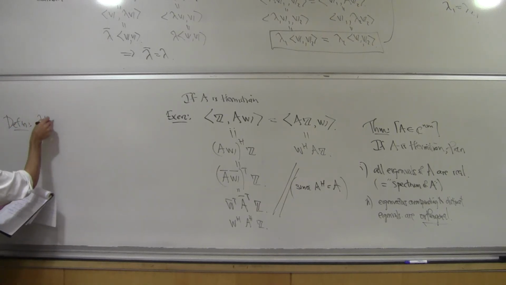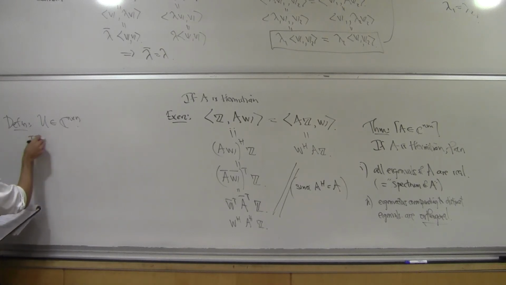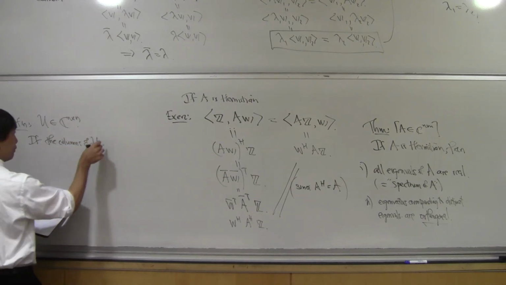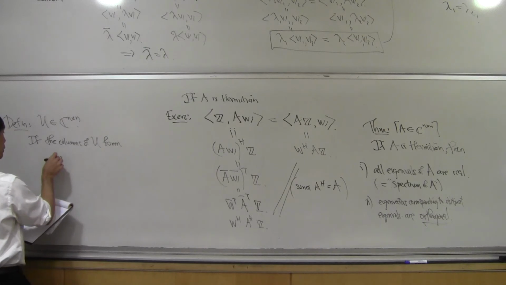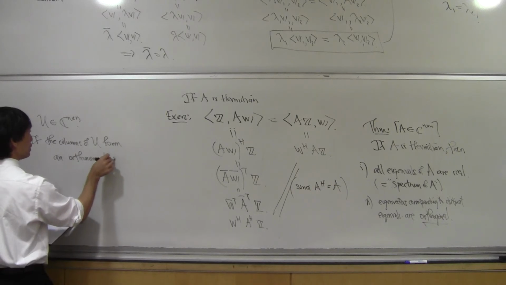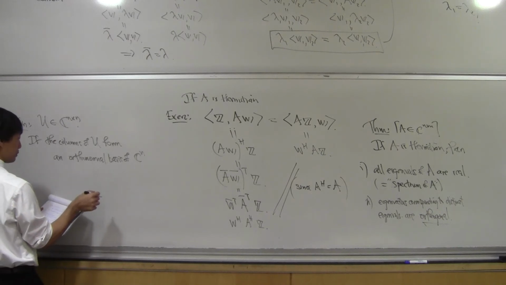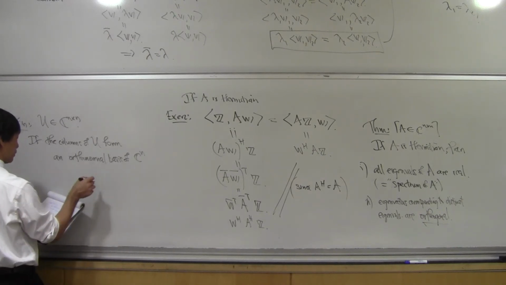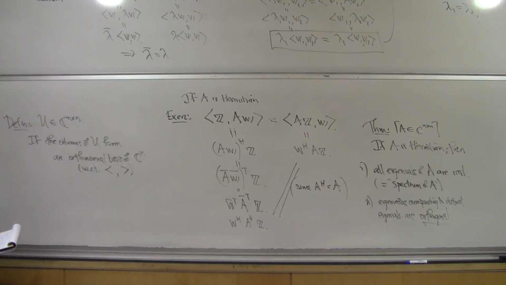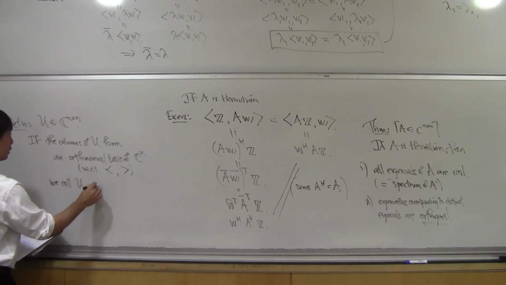If you have an n by n complex matrix U, and the columns of U form an orthonormal basis of Cn with respect to the complex inner product, we call U a unitary matrix.